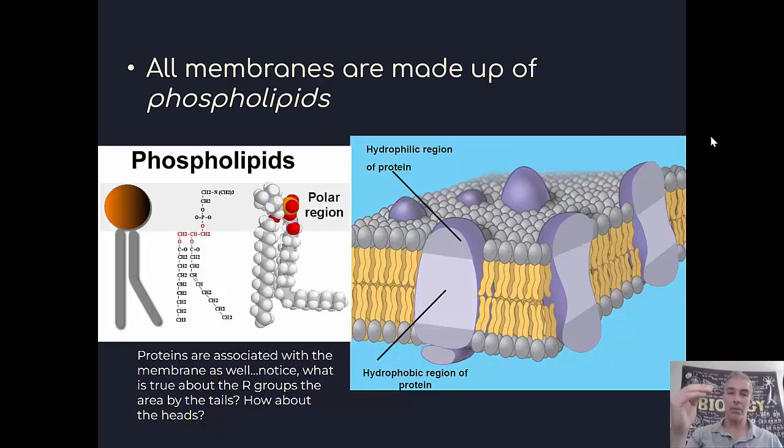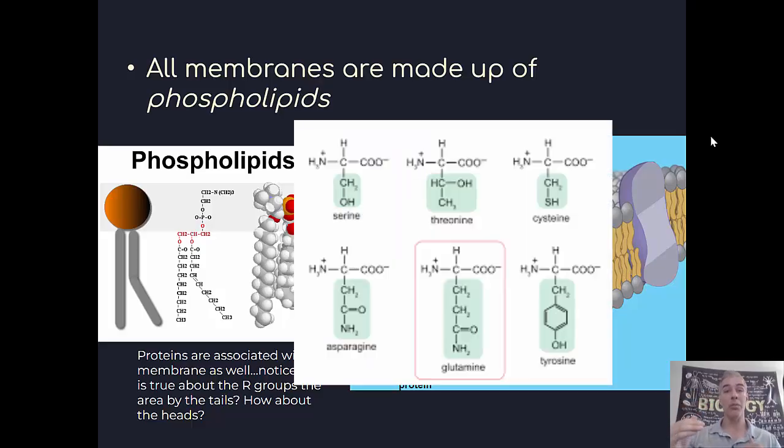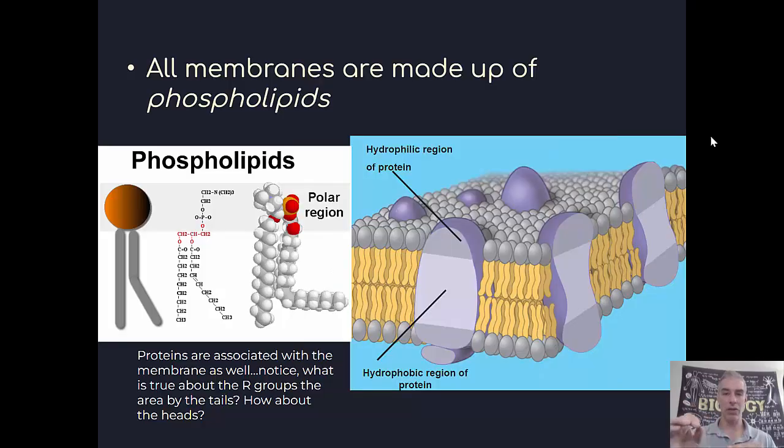On the top and on the bottom, on the parts that are towards the heads and pointing towards the watery environment, you're going to find R groups that are much more hydrophilic. So you're going to see R groups that have oxygens and other elements in them that are going to make them draw electron density unequally through the R group, and as a result will fold and orient themselves towards that watery environment.